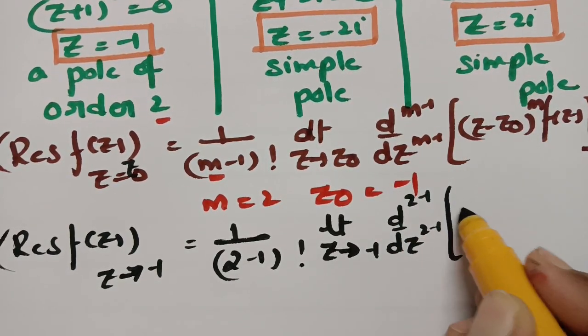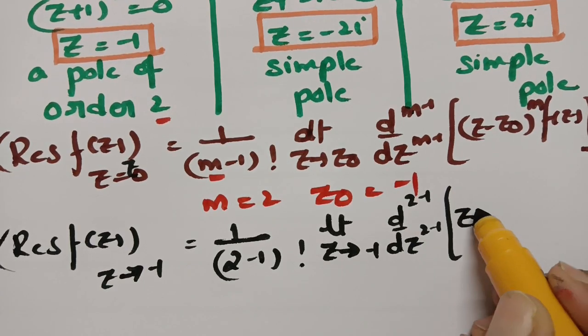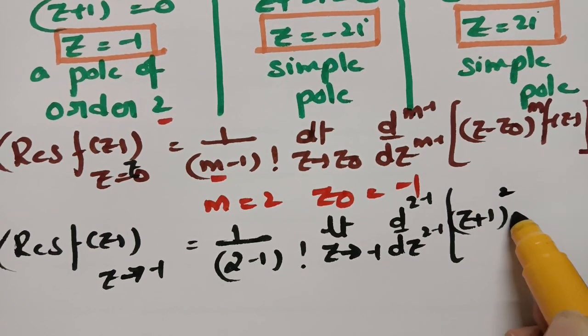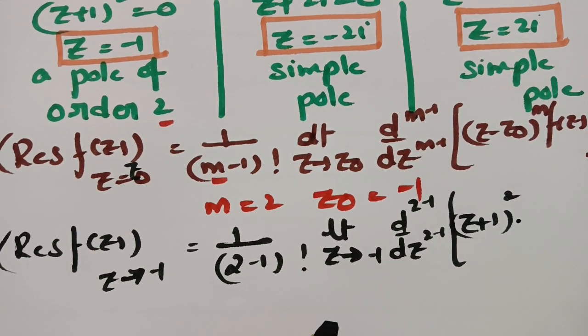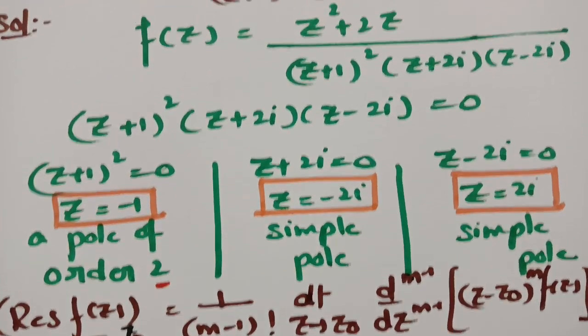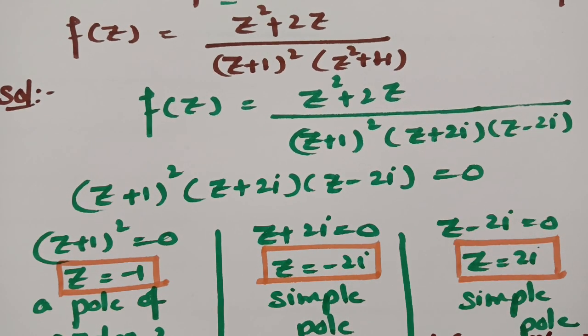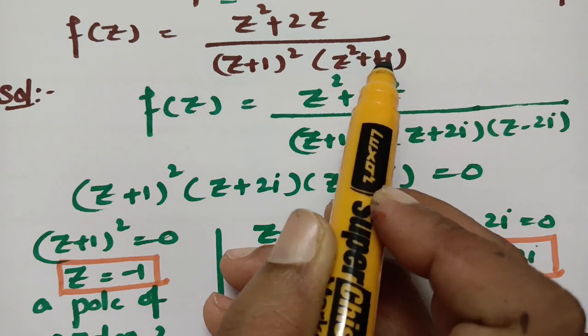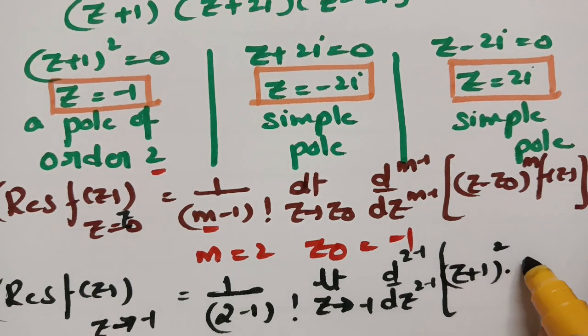Of (z − z₀)^m f(z), where z − z₀ is z + 1, raised to the power m, which is 2, times f(z). What is our f(z)? Here f(z) is (z² + 2z) / ((z + 1)² (z² + 4)). I am writing the same thing here.